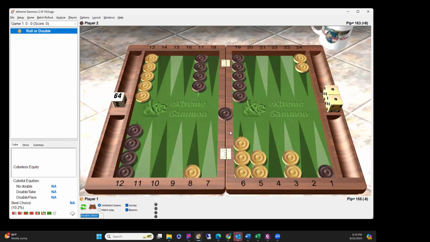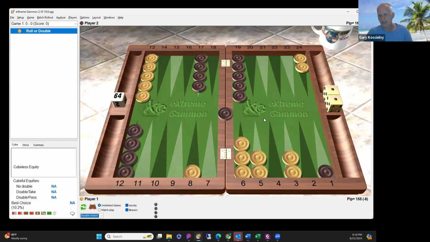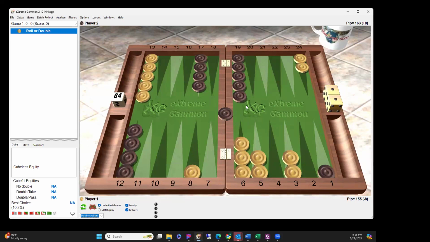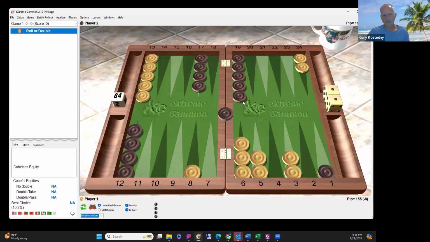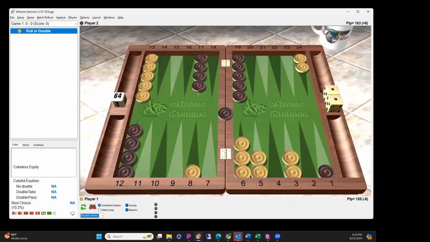Well, I would say all those are good points, but in terms of blitzing, you've got 3 points versus 1, and black's on the bar. Yeah, so from the standpoint of doubling, it's great. That's what we're doing here: do we double here or not? In terms of double take versus double pass, I think the take is harder than the double.